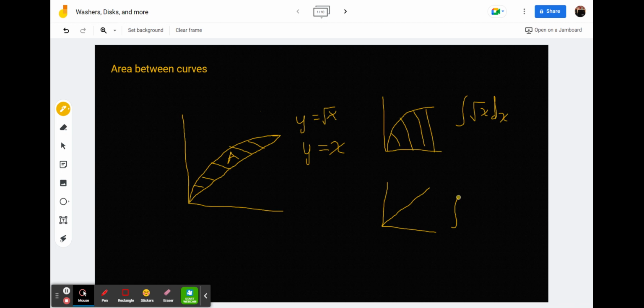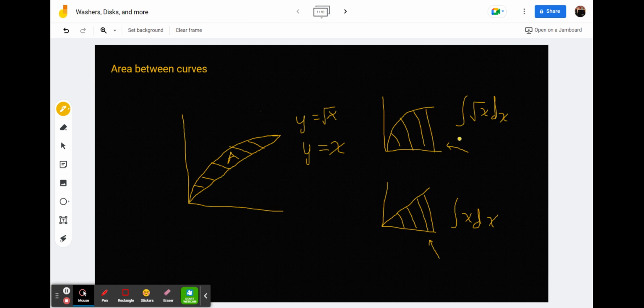While the integral of x dx with respect to x is going to be this shaded area underneath. What we can then notice is that the area of A is going to be this larger area subtracted from this smaller area.